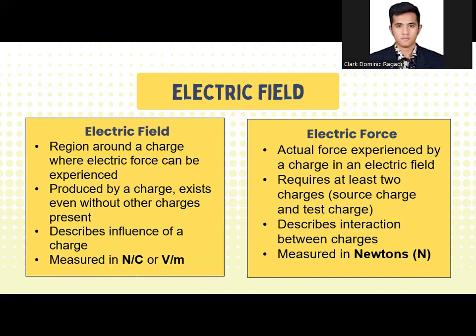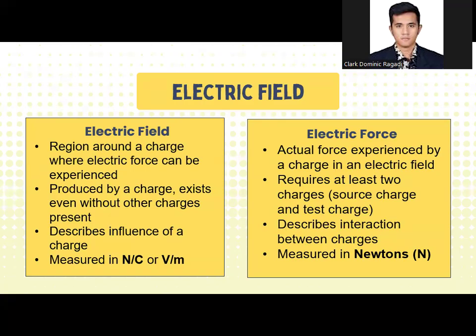Again, if another charge we place in that same space would feel an actual force, we know there's a charge nearby. Electric force requires at least two charges, the source charge and the test charge, and describes the interaction between charges, measured in newtons.